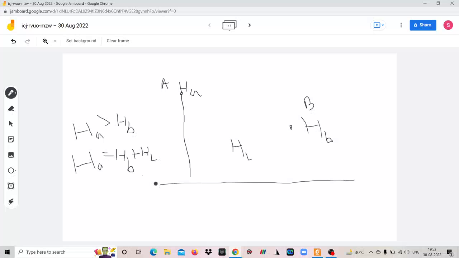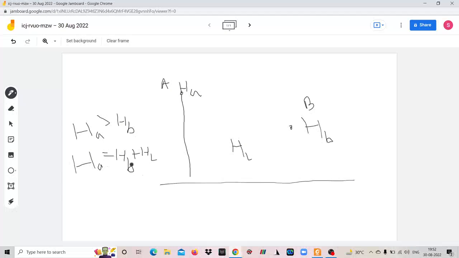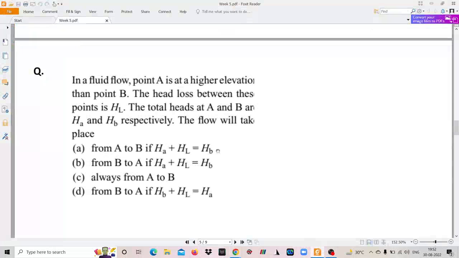Clear? So let us look at the first option. From A to B, if HA plus HL equals HB, but actually HA should be equal to HB plus HL. So option A is discarded. Option A is not possible, right?